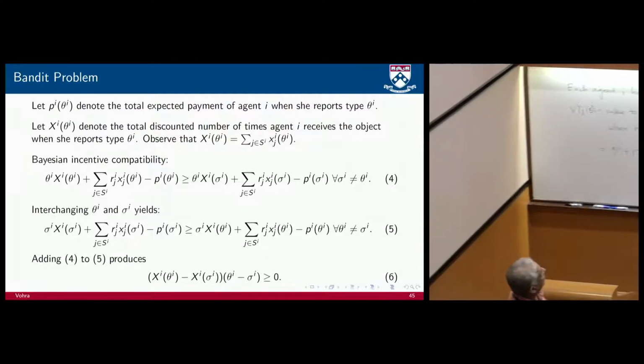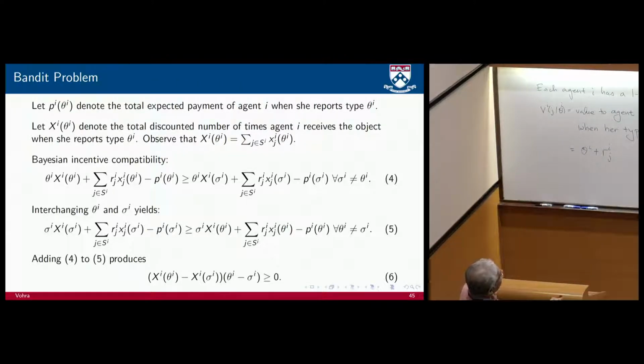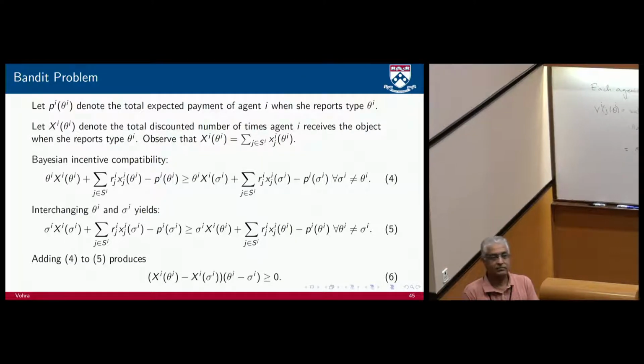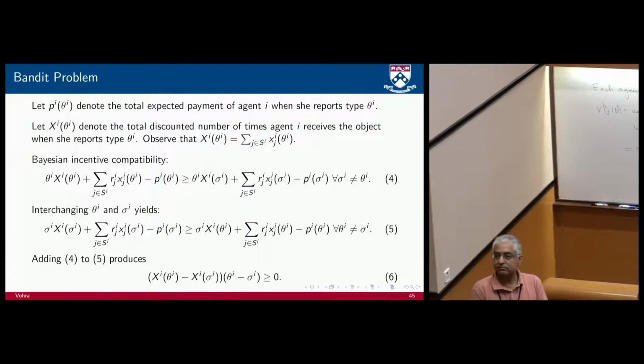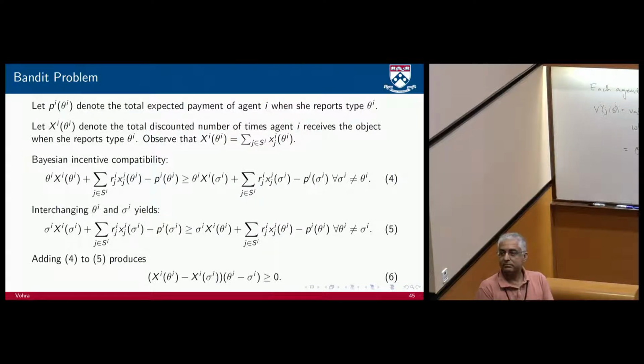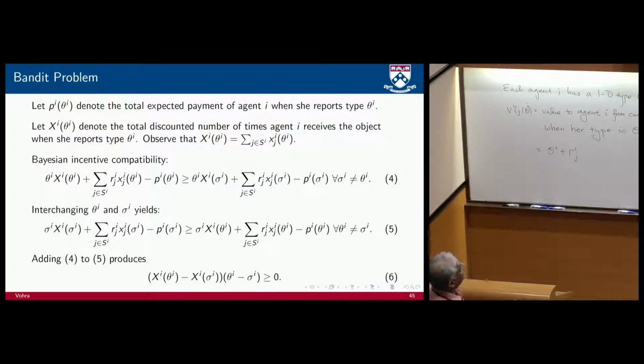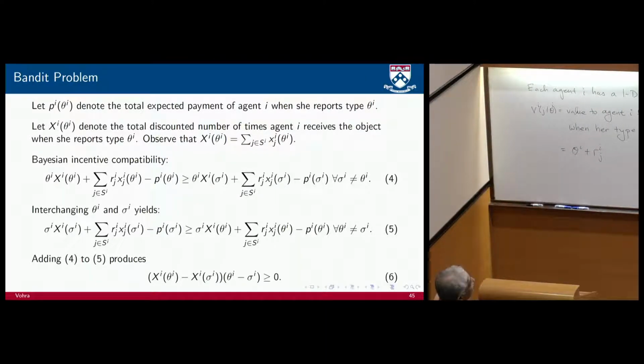Okay. Now, what I'd like you to notice is that if it weren't for these objects here, the R's, this looks exactly like the incentive compatibility constraints for Myerson. Agreed? Okay, let's do the usual thing. Let's interchange the roles of theta and sigma I. And this is what you get.